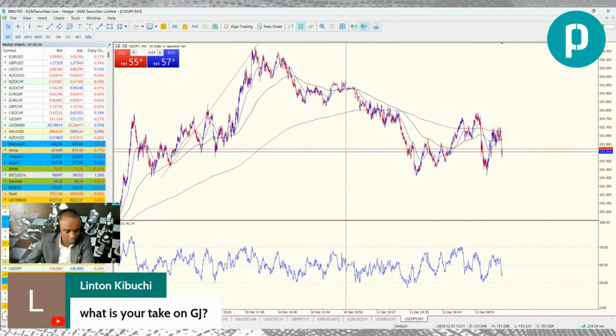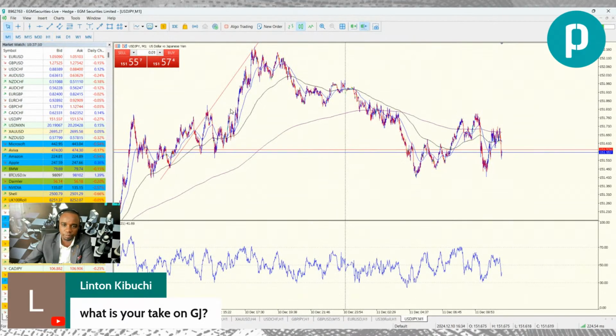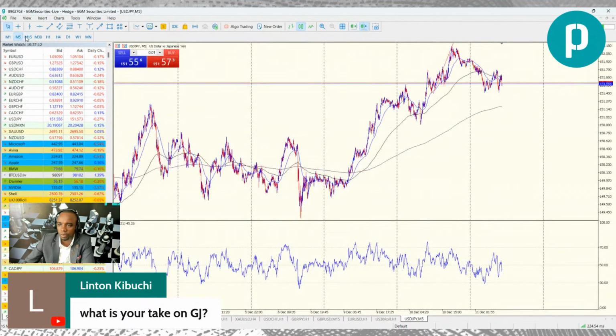Any other question? What's your take on GJ? Linton, I've just analyzed GJ. We still have a bullish push. So if we are to follow what USD JPY is doing, USD JPY should probably come to this low before pushing up.